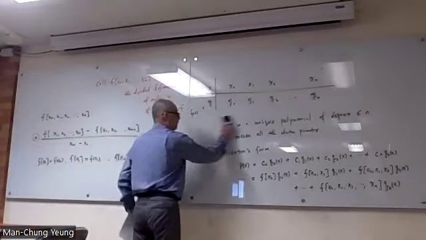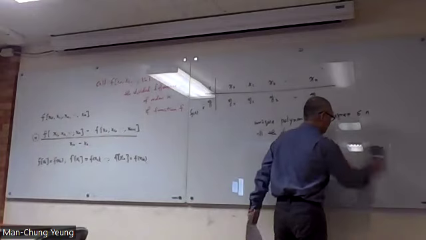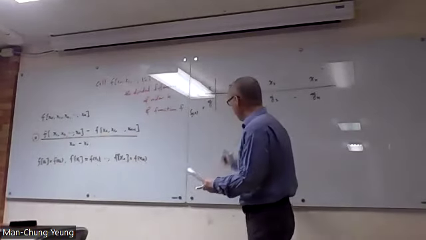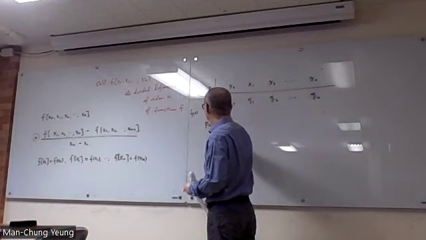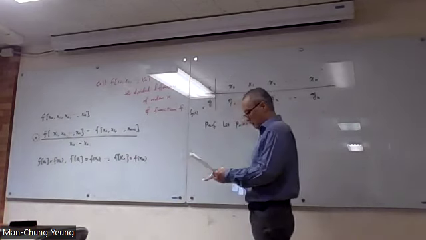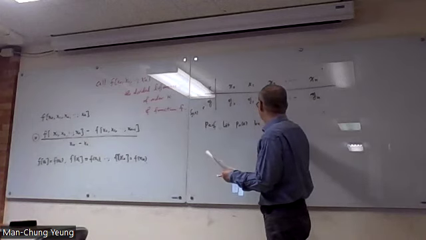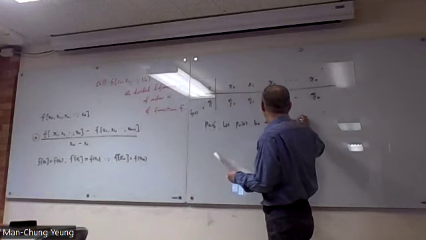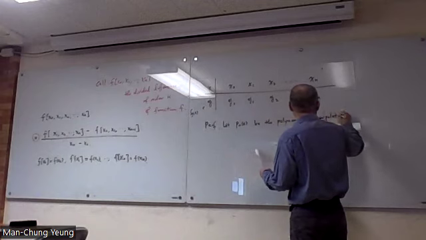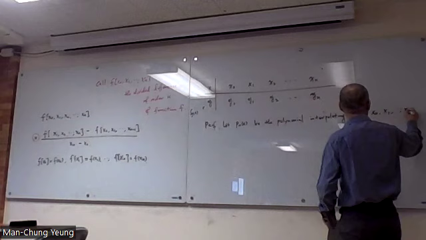The proof is easy. Let Pn, a polynomial of degree n, be the polynomial interpolating function f at x0, x1, up to xn.